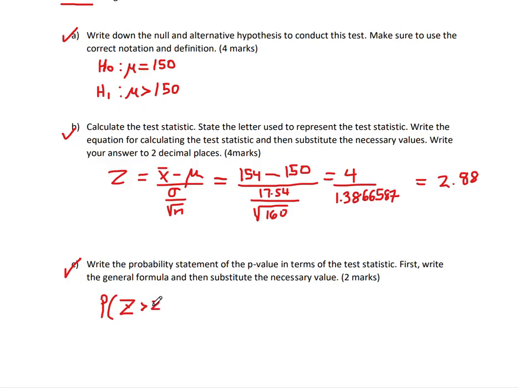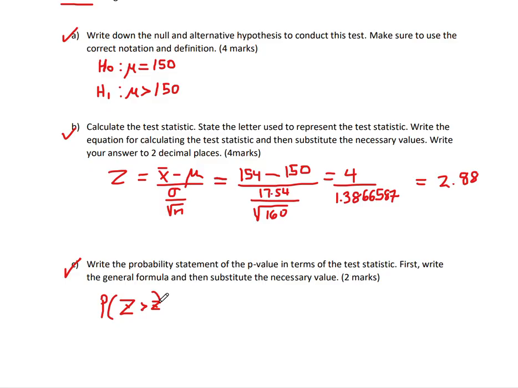Or you could have said the probability that Z is greater than a. This small z is really just symbolic. You could say greater than a or greater than b, any letter is fine. But the most common generalization is to say the probability that large Z is greater than small z.